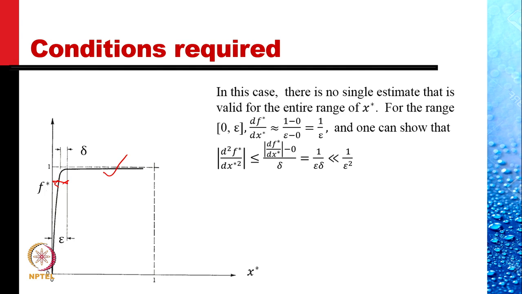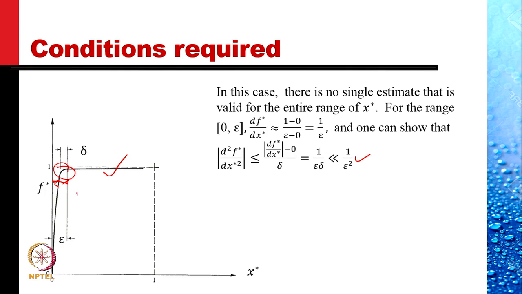And if epsilon is small compared to 1, this is pretty large. And one can show quite easily that the second derivative, d square f star by dx star squared, should be like 1 over epsilon delta, where delta is the width of this transition, and that would be like 1 over epsilon square.